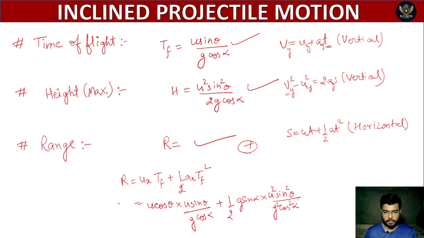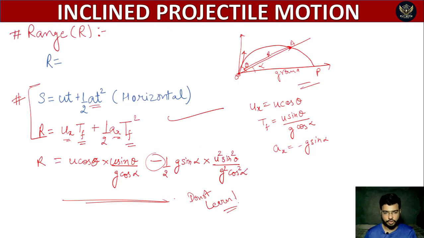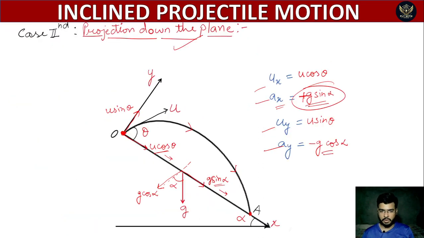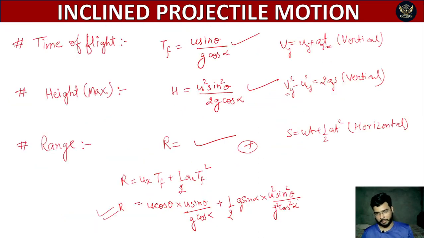Okay, so remember, this one is the range, and in the previous case this one is the range. If the projectile is moving up the inclined plane, then the sign is minus, and if the projectile motion is down the plane, then the sign is plus.